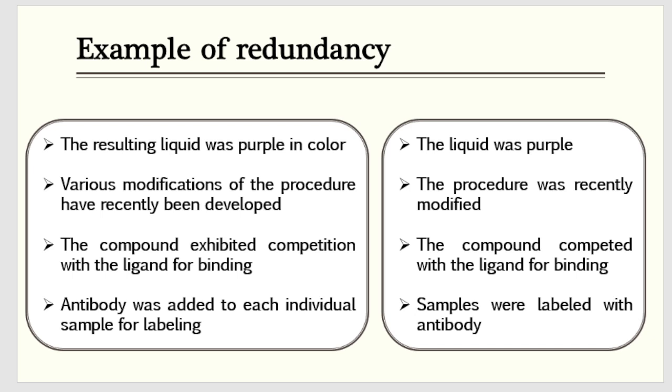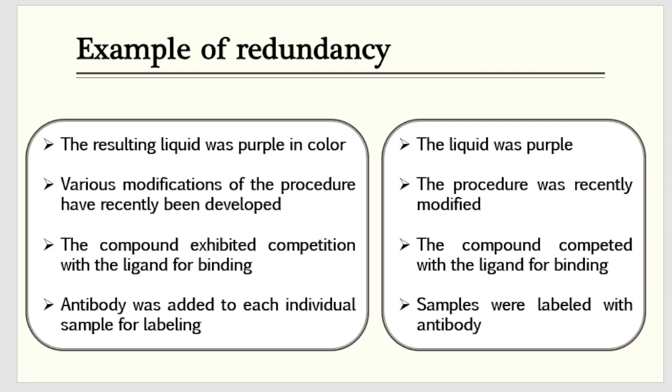Now let's go to some examples. For example, in a chemistry paper, if you say that the resultant liquid was purple in color, in this sentence we can also say that the liquid was purple. The reader will understand what you want to say, but the sentence is simpler.